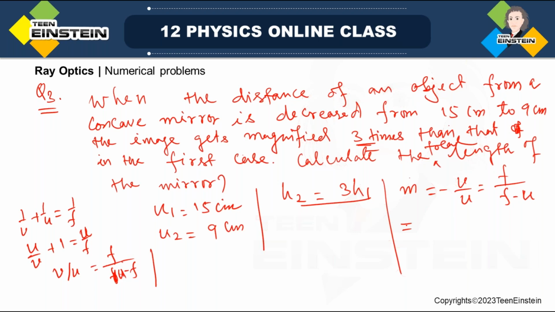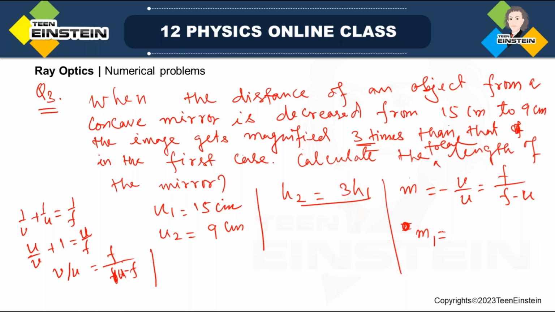Okay, so magnification. Let us write in two cases. So what are the aims, so this is the aim. Magnification is 3 times magnified.